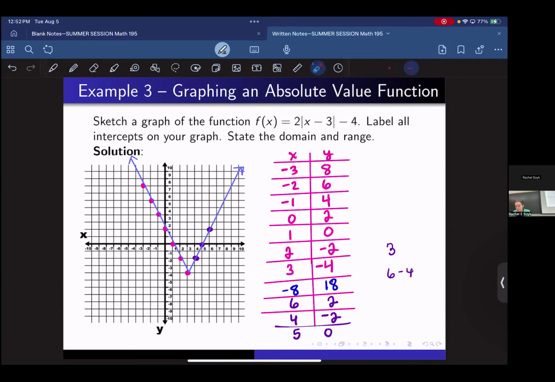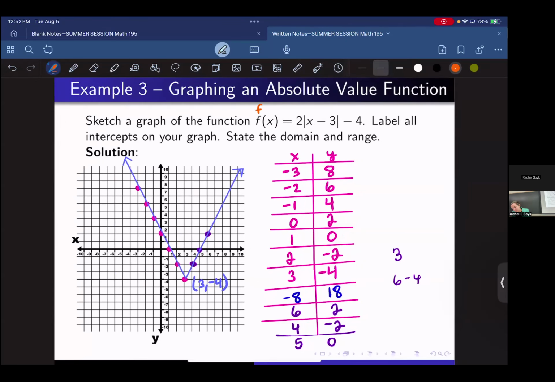Still helps to know your toolkit function, that it's going to be V-shaped. So you really want to hone in on that vertex. I'll show you how to easily get it in a moment, but our vertex is 3 comma negative 4, which if you look at the general equation of an absolute value function, we have f of x is equal to a absolute value of x minus c plus k.